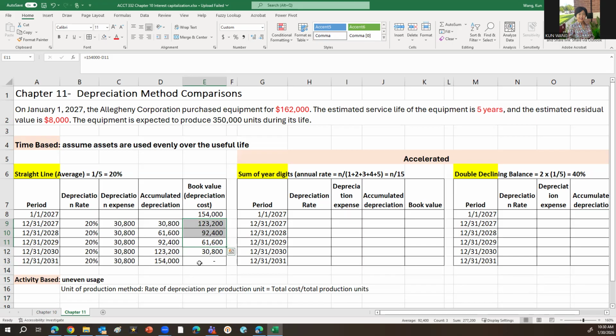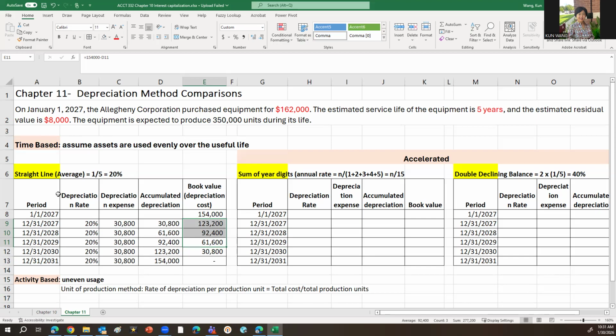And eventually, after 5 years, the book value of the assets becomes zero. And that's the time we can dispose of it, as you are planning. So there's no residual value. So I can sell the assets or just dispose of them with no residual value. That's your choice. But if you can still sell it and get some value, you can compare and maybe see some gain or loss from the sales transaction.